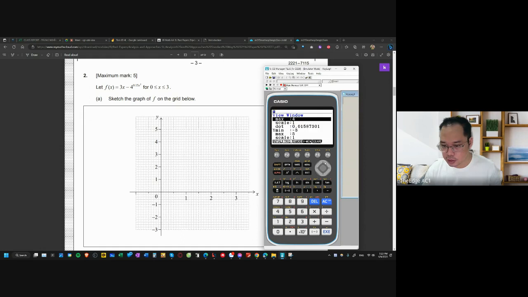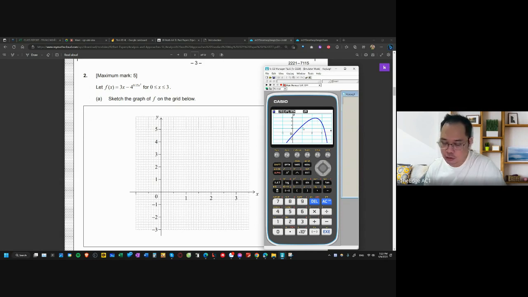Where is the option to plot the graph? How to plot this graph? Okay, this draws there. So you need to find the two x-intercepts here and the local maximum here.